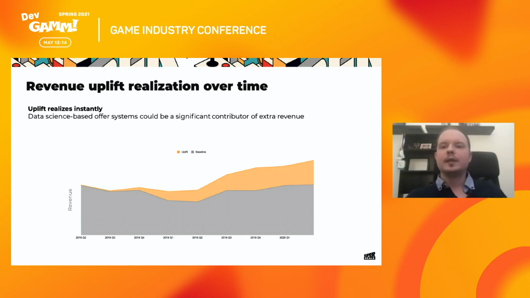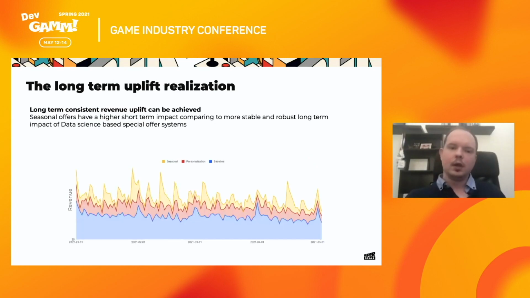How instant it is depends on risk analysis. As we know that we can scale faster, the realization of uplift is going to be faster. But we don't have to wait 2 years or 3 years to get the uplift. It's almost instant. Now, does it stay? It actually stays very much. It's not short term, it's long term, and it's robust.